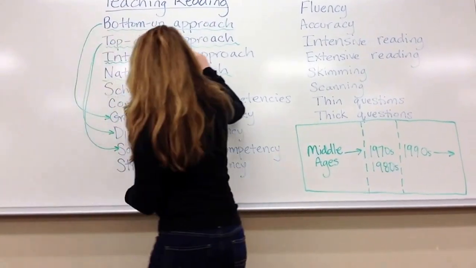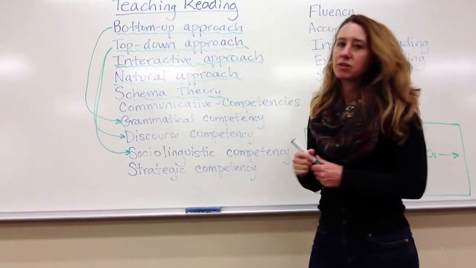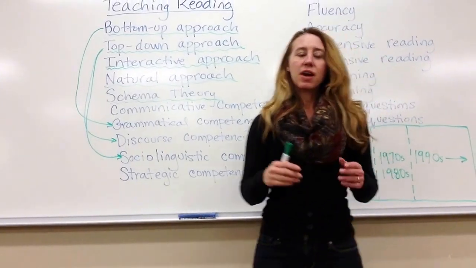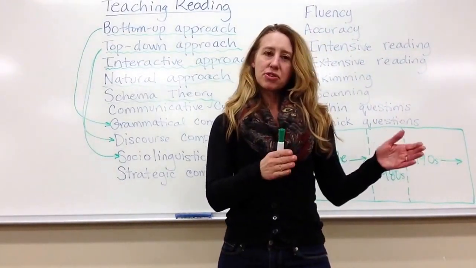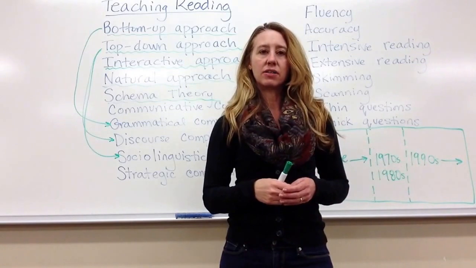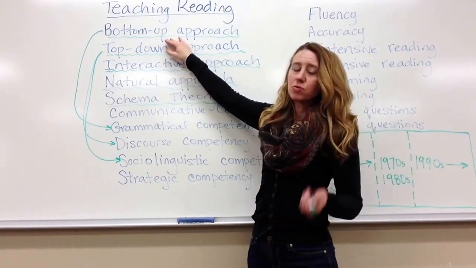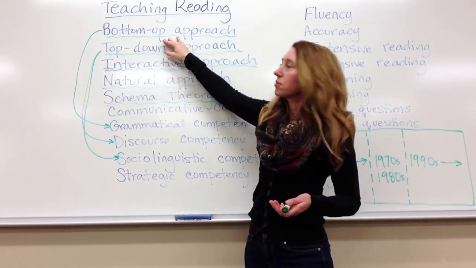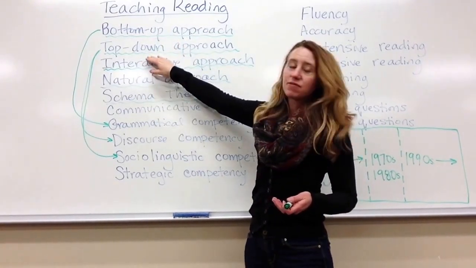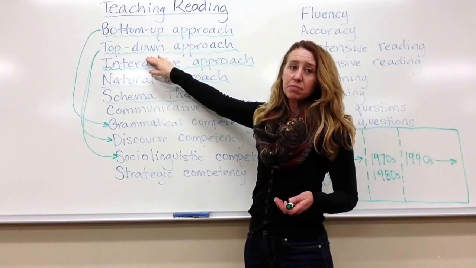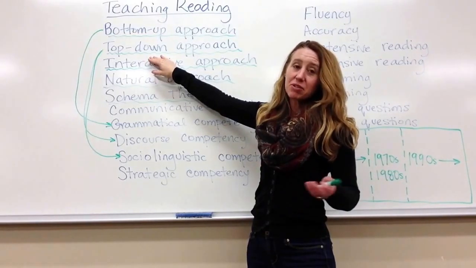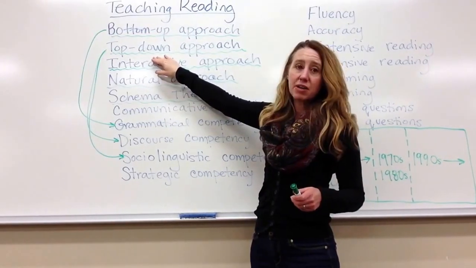they used what Carrell now calls the interactive approach. And for this group, that 30 minutes was evenly divided. For 15 minutes, they got the bottom-up approach, vocabulary, grammar, and for the other 15 minutes, they got the top-down approach.